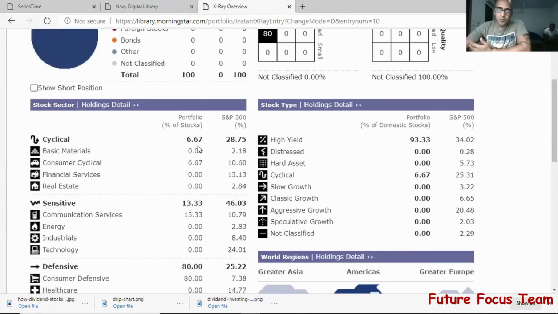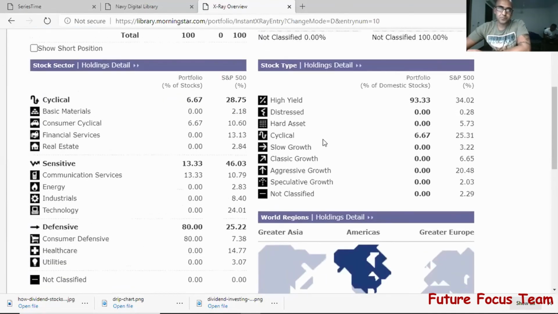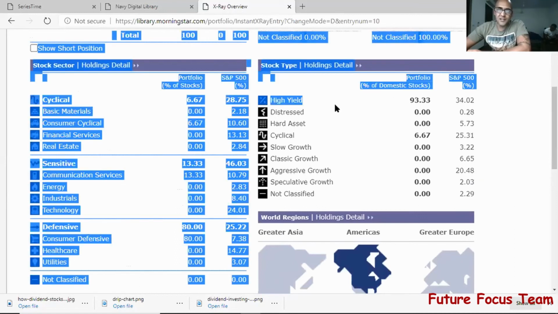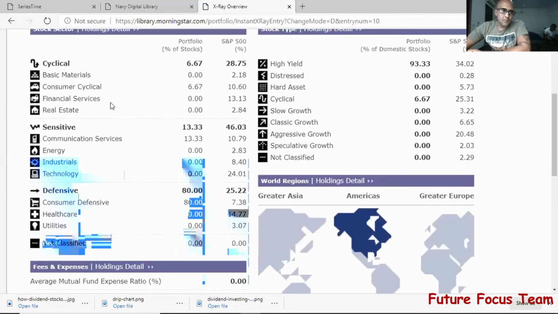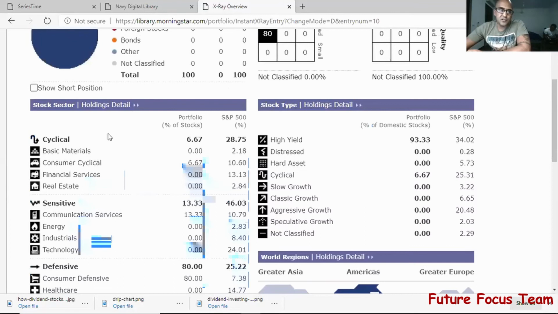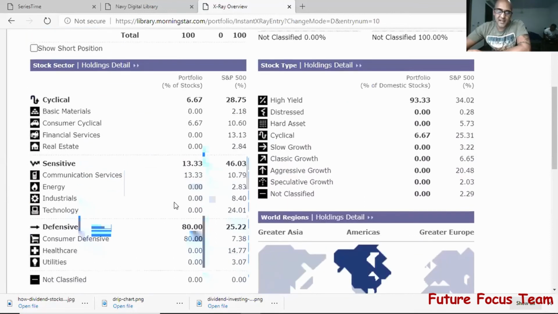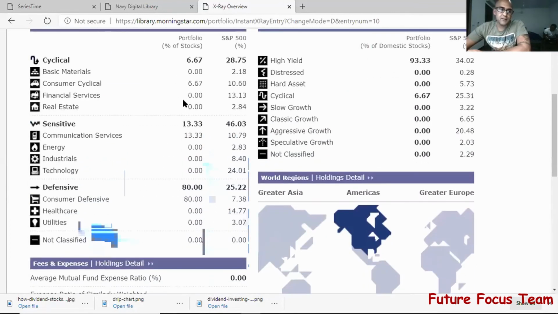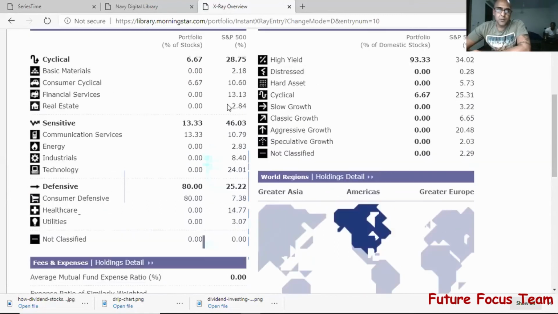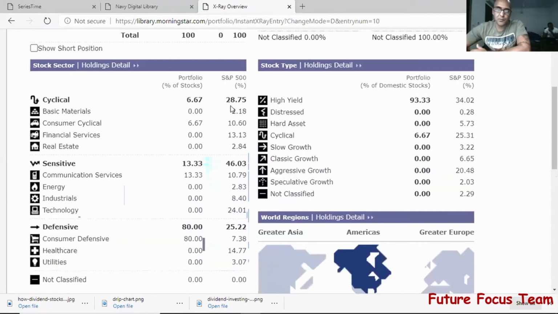You can include your whole portfolio on there. You can add more tabs than we originally saw. So how much is high yield in there? Right here, it shows the sector, so you can see what sectors you're hitting or not hitting, which is important for diversification purposes.